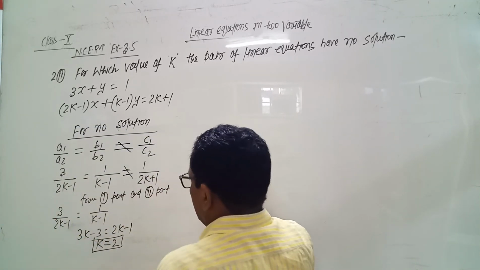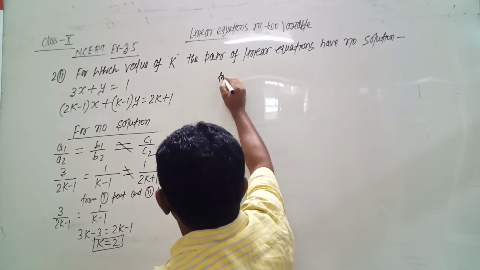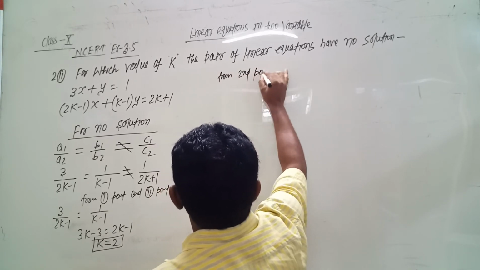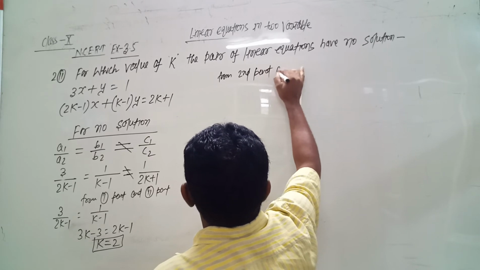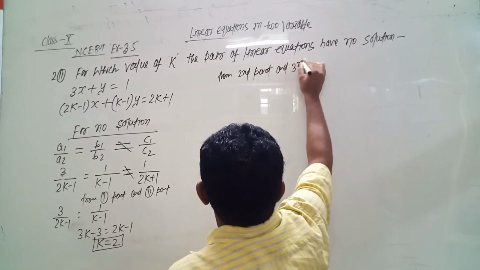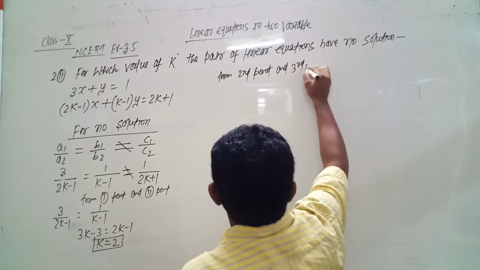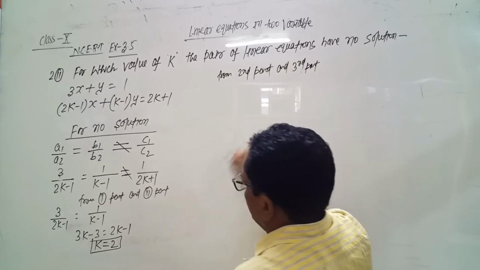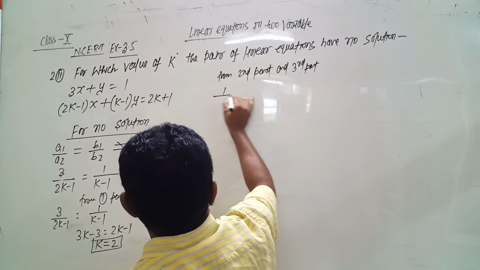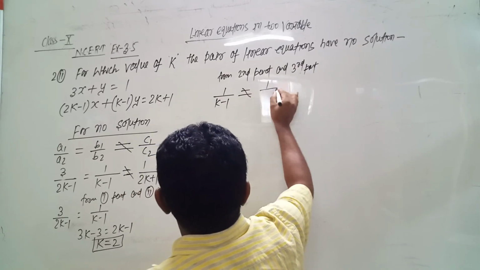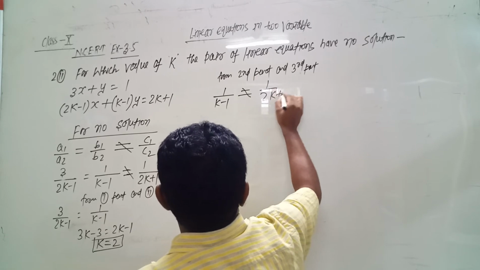Now solve second part and third part. From second part and third part, 1 by k minus 1 is not equals to 1 by 2k plus 1.